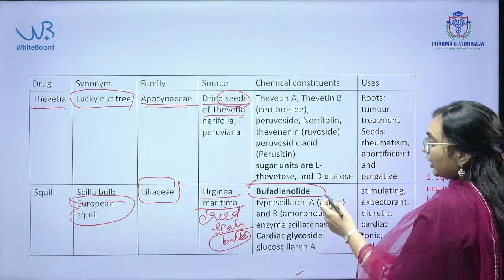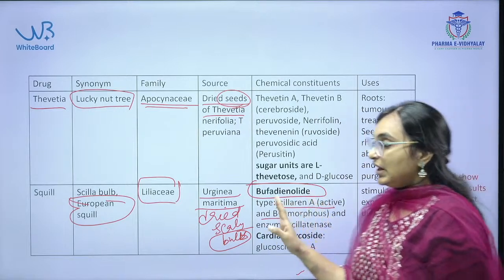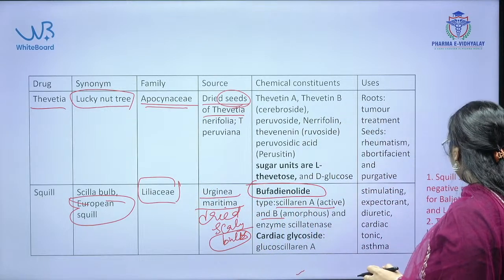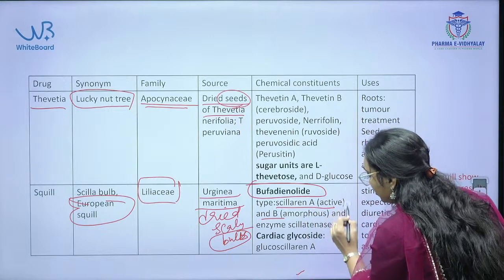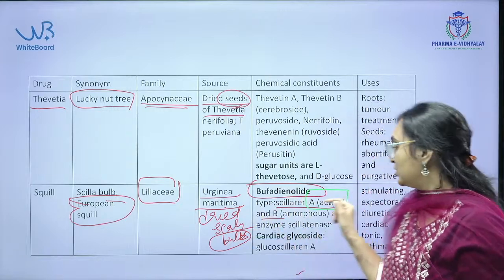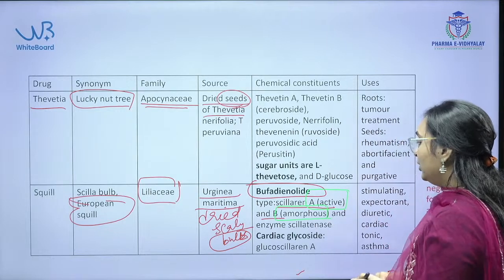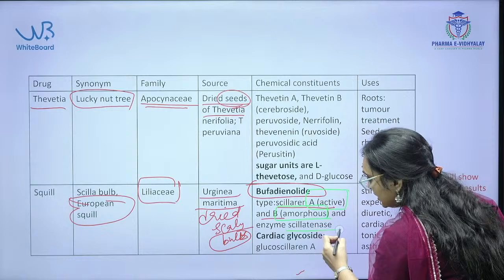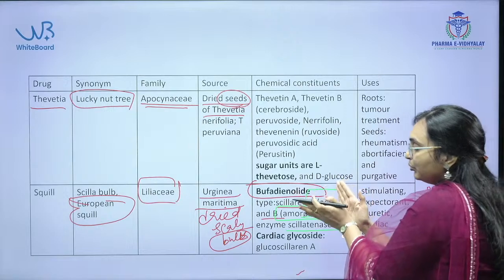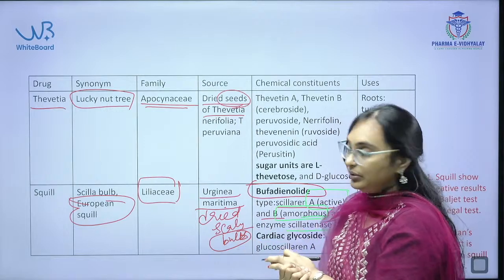Bufadienolides: scillaren A, scillaren B. One important point here: scillaren A is the active constituent, the active drug-containing constituent. Scillaren B is in amorphous form, and there will be an enzyme, scillarenase. Bufadienolides and cardenolides both are present in this squill.